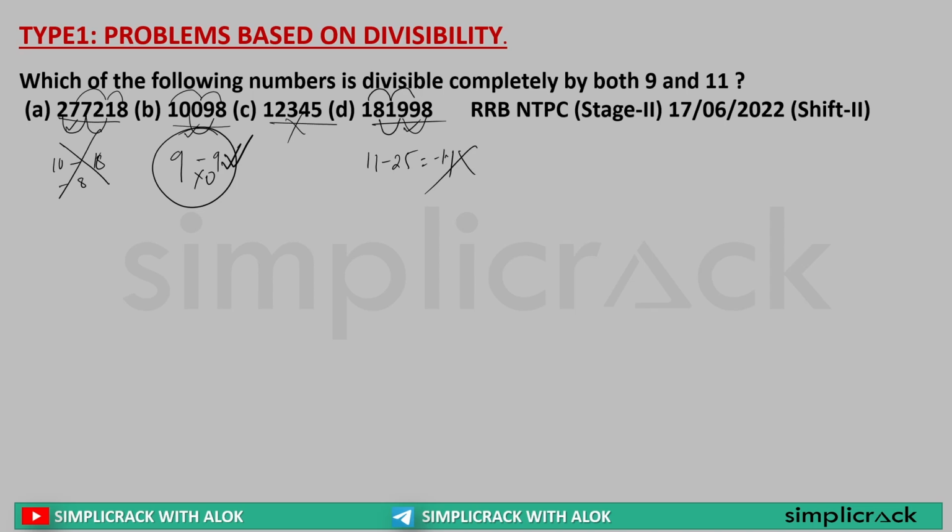So what is divisible by 11 and 9? This number is divisible by 11 and 9. What I did, I checked the property of 9, then I checked the divisibility property of 11. Clear? See how quickly I am solving the question, and this is the right way to solve questions.